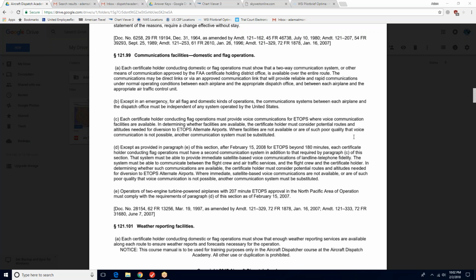Now, let's say the dispatcher wants to talk to the crew. What do you think the FAA expects? I know you guys have talked a little bit about ACARS messaging. It's like a text message, right? You send it to the airplane. That's pretty much how most dispatchers and their crews communicate, through ACARS messages.